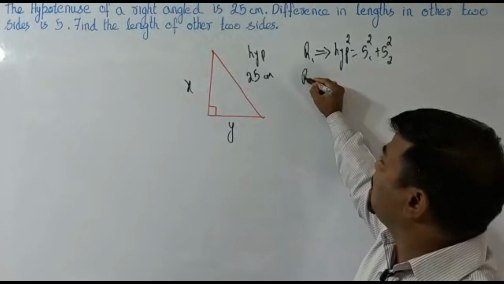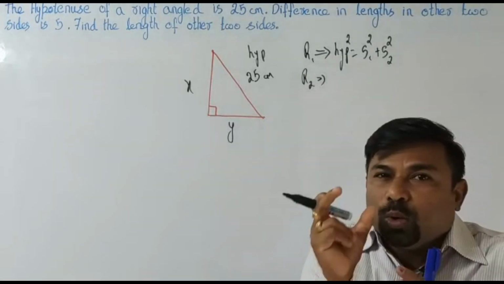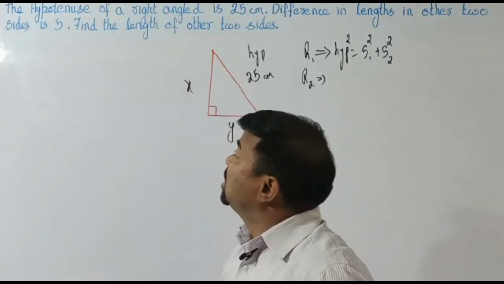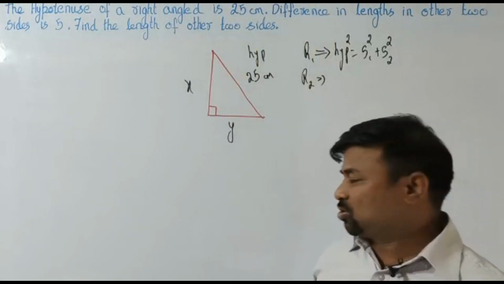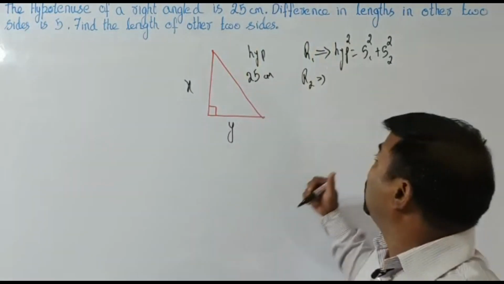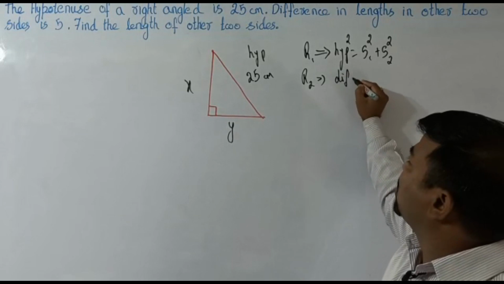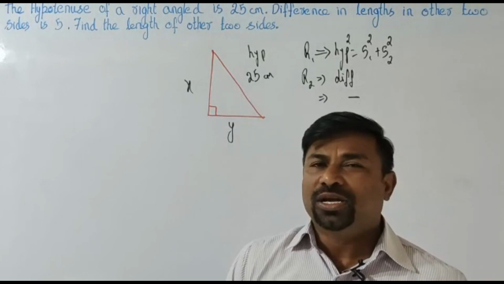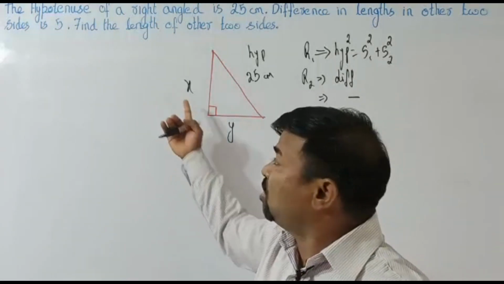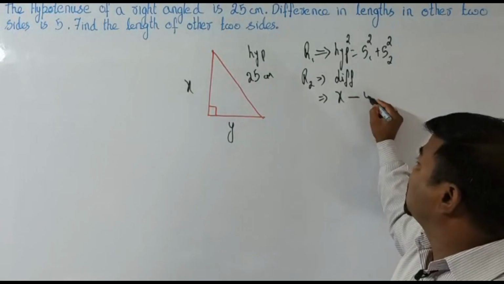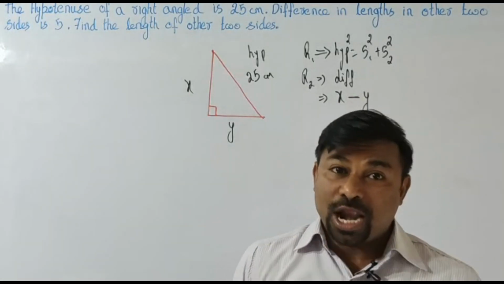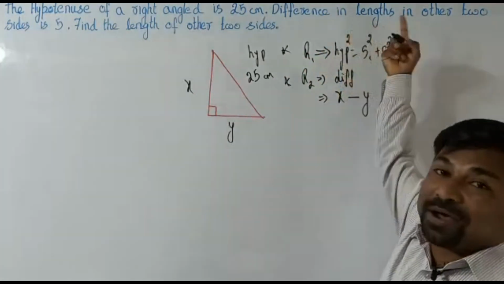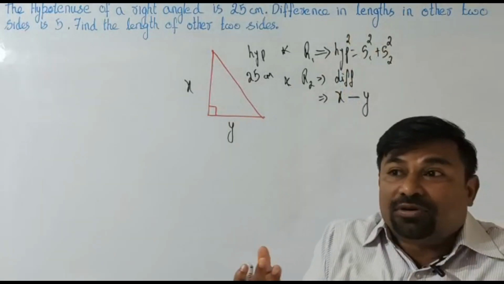What is the other relation he is talking about? What is the word which tells about the relation between any two things? He is talking about difference, and the difference is nothing but subtraction between the two unknowns, if you take one as x and the other as y. So we have two relations: one in terms of power and the other in terms of difference.